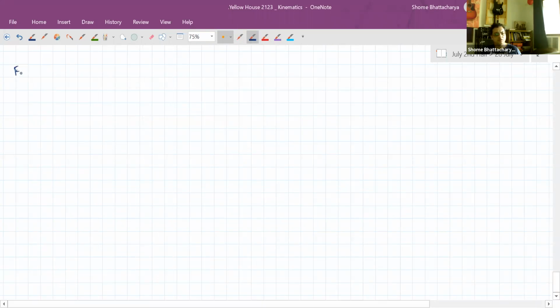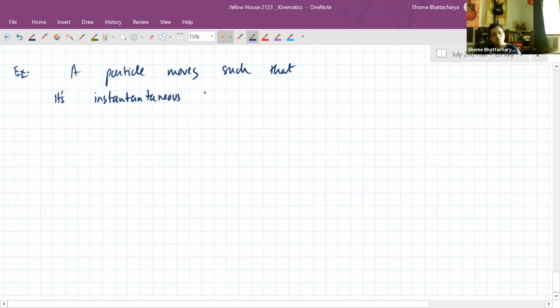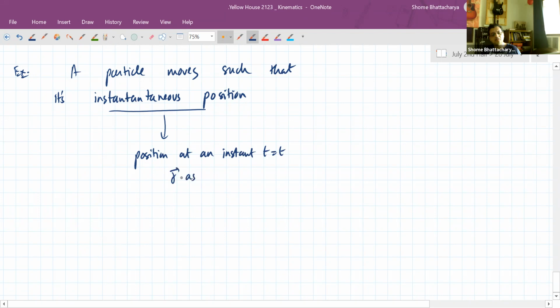Okay, so another type of example is where a particle moves such that its instantaneous position, so what we mean by instantaneous position is the position at an instant t equal to t. Basically its position as a function of the instantaneous time t.